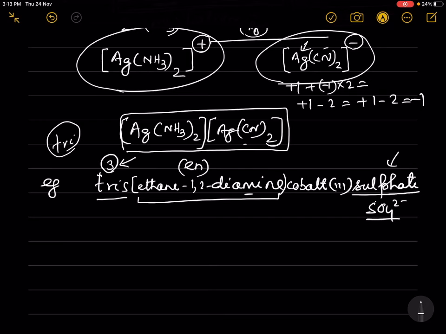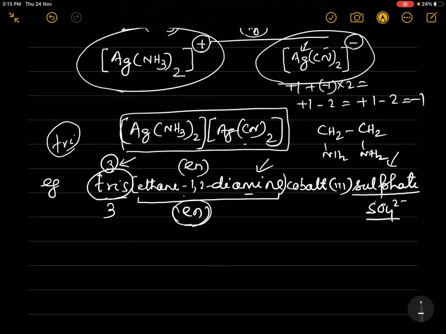Tris means 3. Ethane-1,2-diamine means the structure is CH2-CH2 with NH2 NH2 like this, and it is abbreviated as en. And you see, in this complex part only one type of ligand is there, so it is a homoleptic complex, so no need of thinking about other ligands.